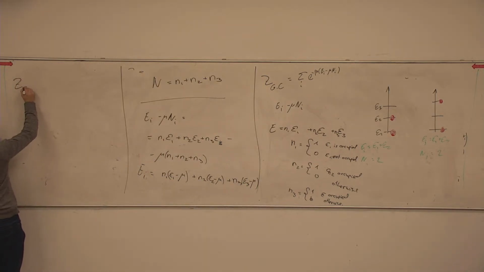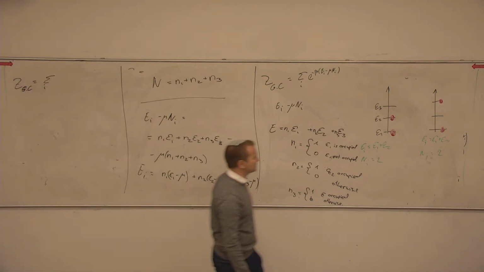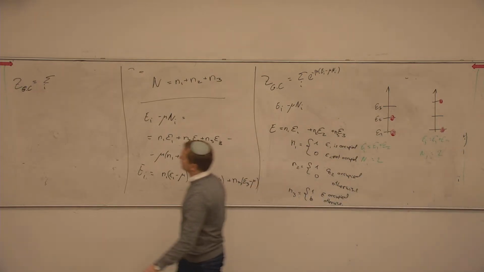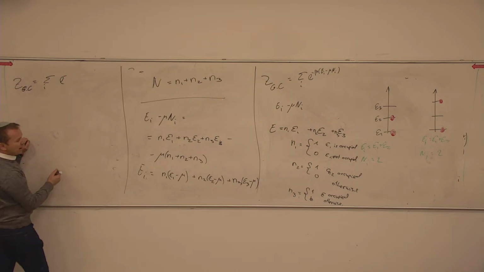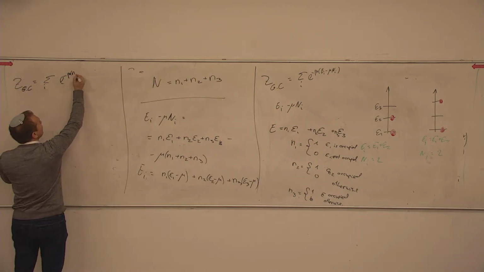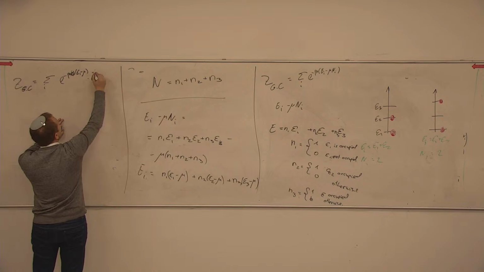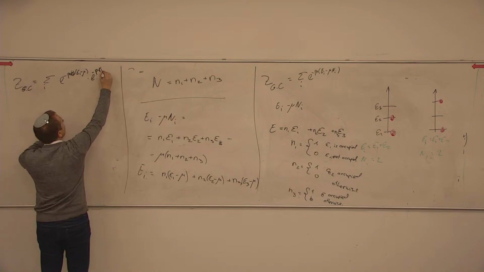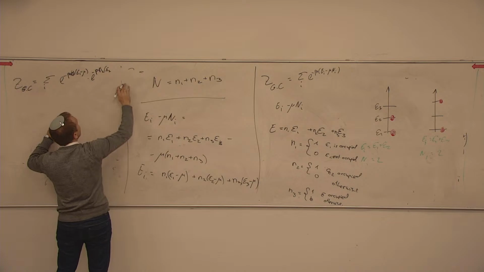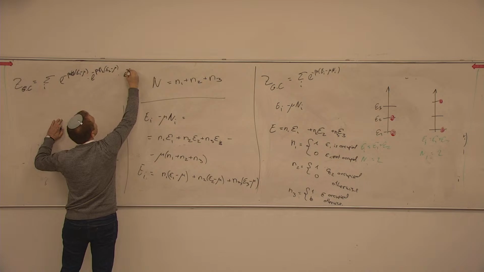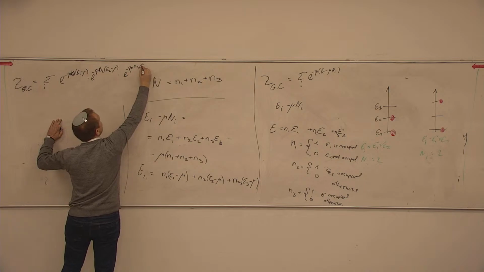So when I write down the grand canonical function as a sum over all the different states, what are my different states? The different realizations that we have over here. E to the power minus beta n1 (epsilon 1 minus mu), multiplied by e to the power minus beta n2 (epsilon 2 minus mu), multiplied by e to the power minus beta n3 (epsilon 3 minus mu).